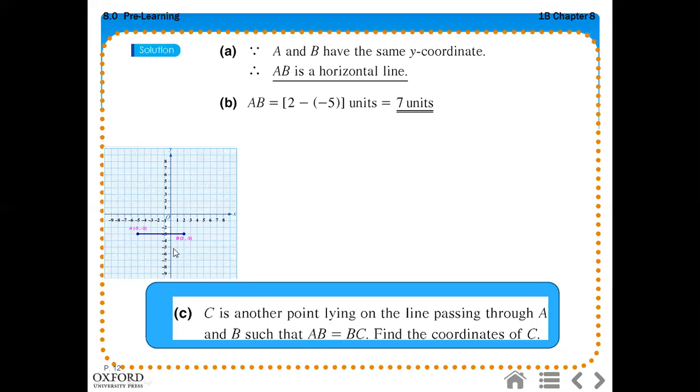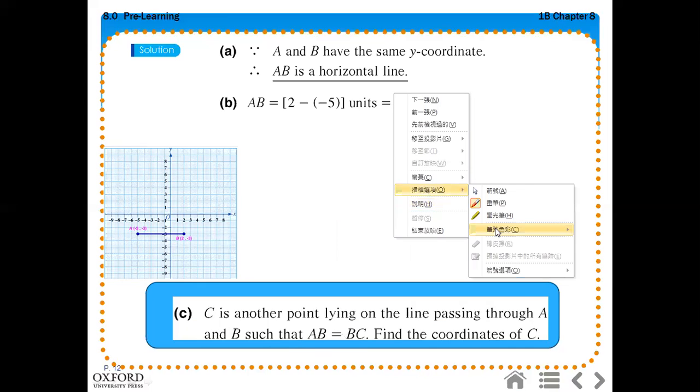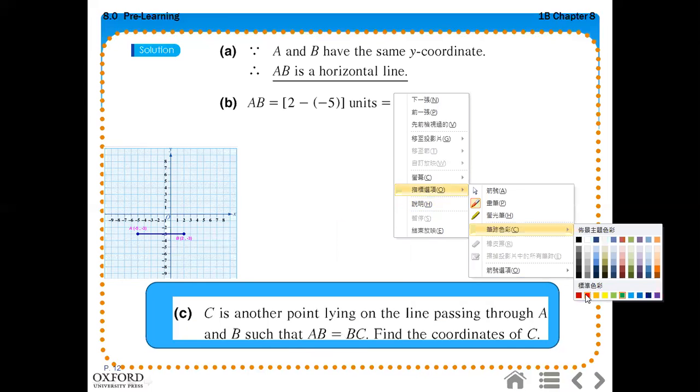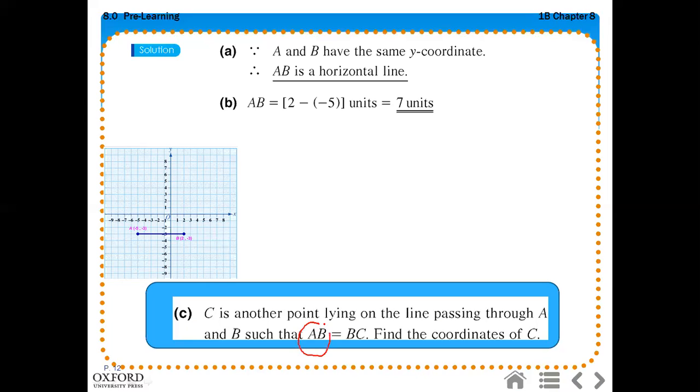And such that AB, this line, is equal to BC. From the question, we can see that AB is equal to BC. So C is a point drawn to the point B. So C should be somewhere here.